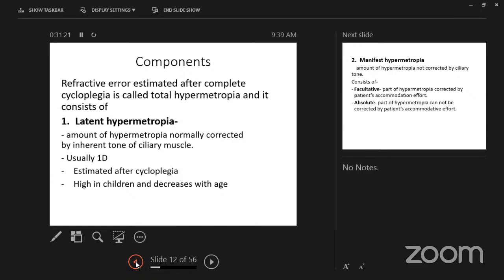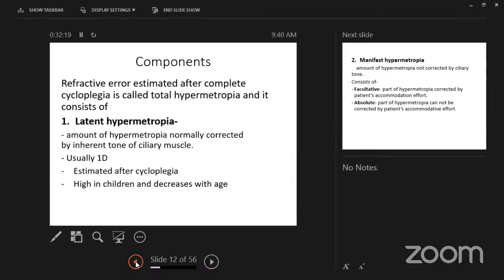And which of them do you want to correct? Plus 4, plus 5, plus 6.